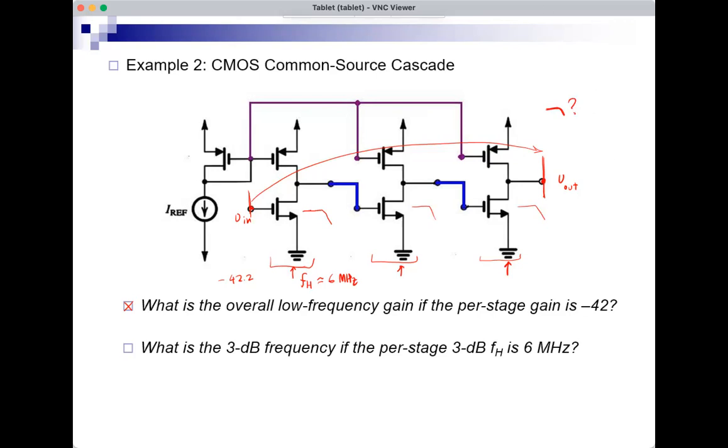Let's see. Okay, let's analyze this mathematically and see what we get.